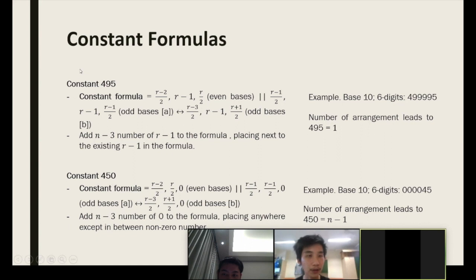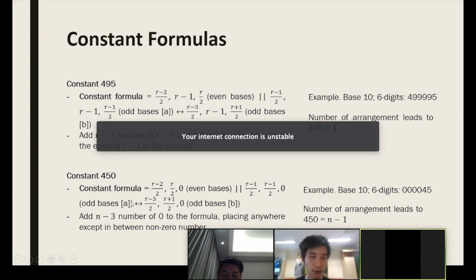For the type constant 495, it is done when the largest and the smallest digits are in the first and the last position. Well, 450 produces this constant when the largest and the smallest digit are directly next to each other, which leads to n-1 possible arrangements for the type 450.